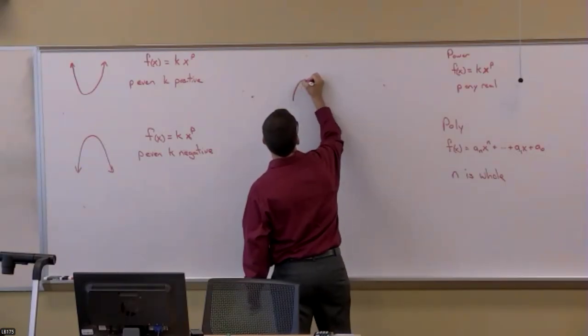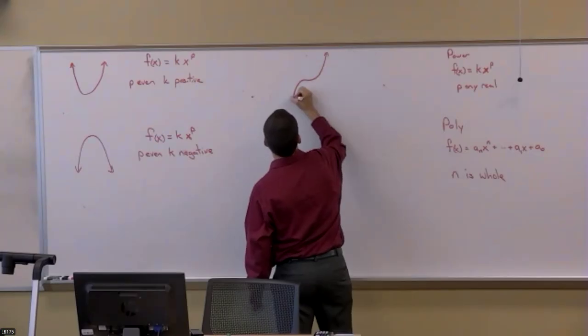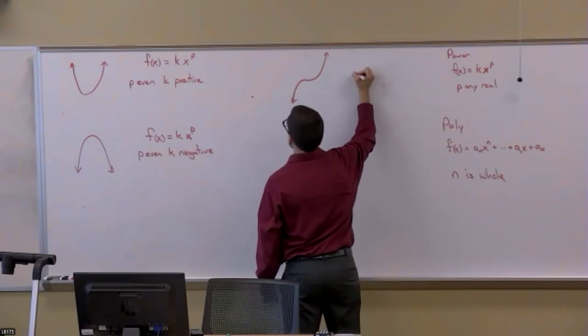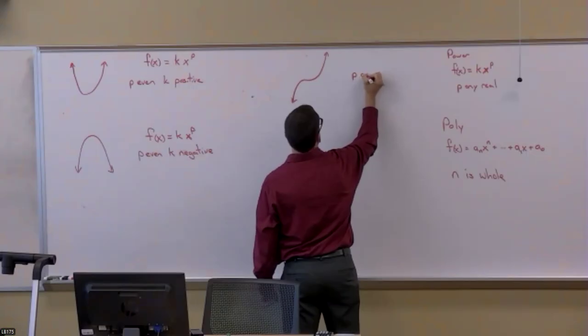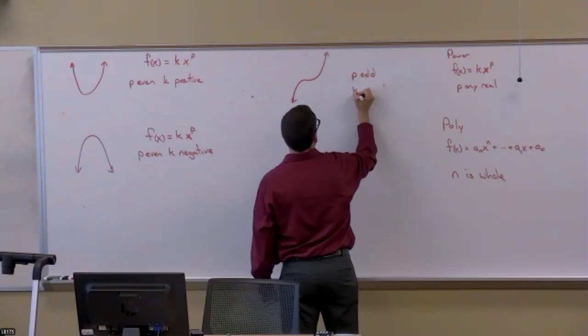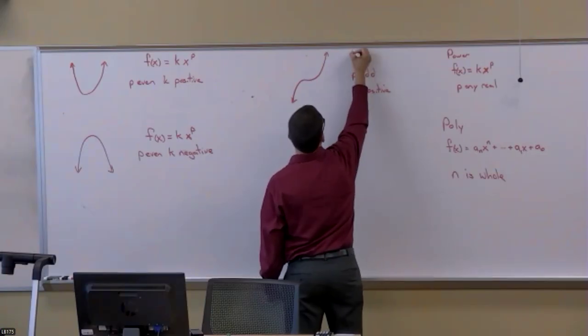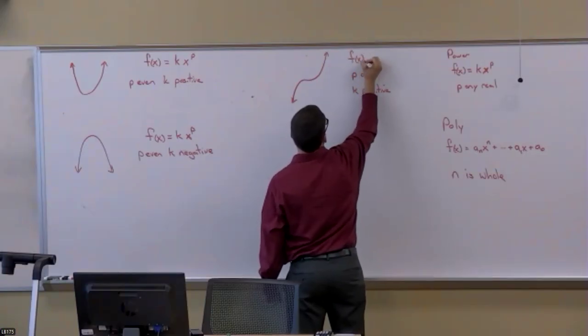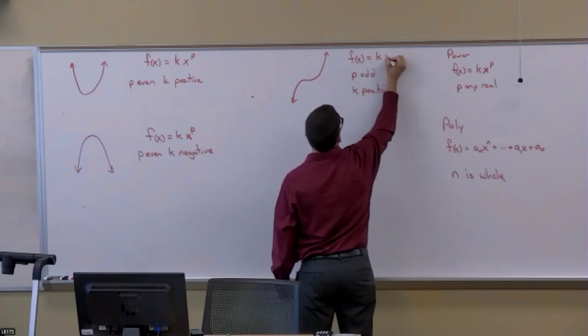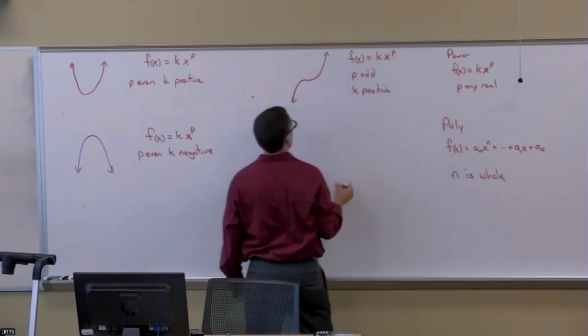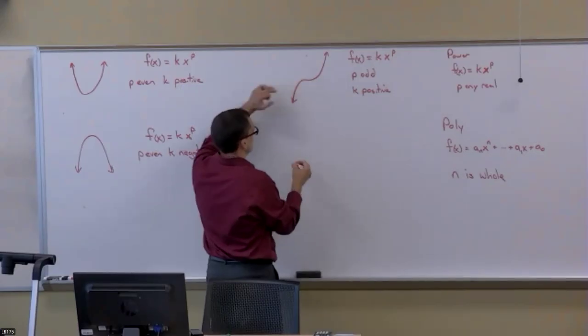So we get this shape if P is odd and K is positive. Again, we're talking about f of x is equal to K times x to a power. And then we just flip it upside down.